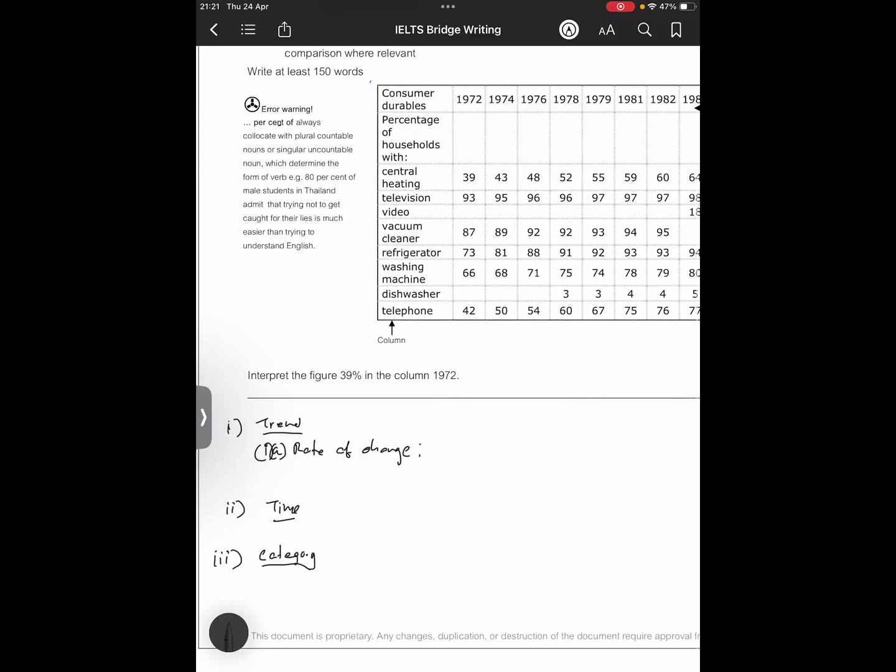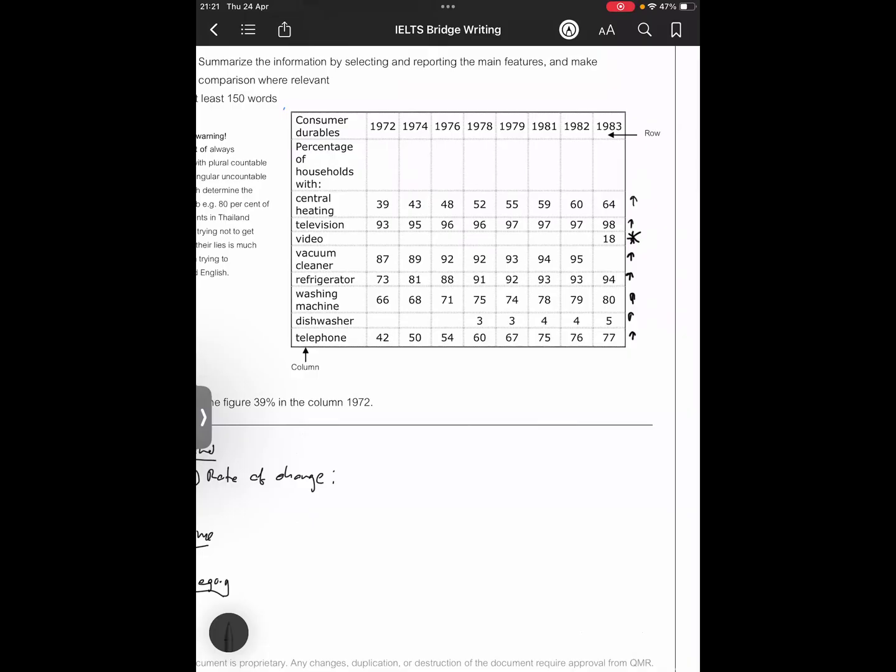If you look at the rate of change, then we sort of notice that central heating, what else? And telephone and refrigerator. Okay, we can say that these items have high rate of change. So that means the number increases more rapidly. Okay, so we have that.